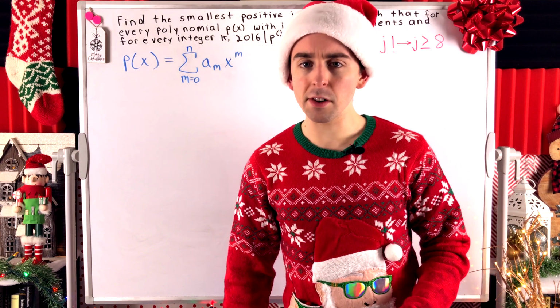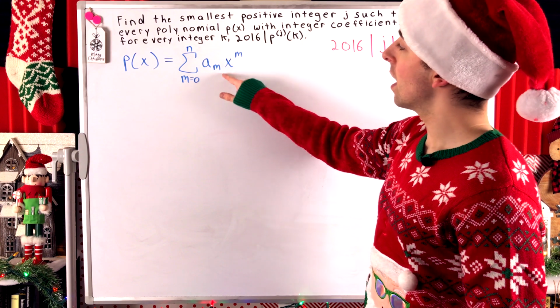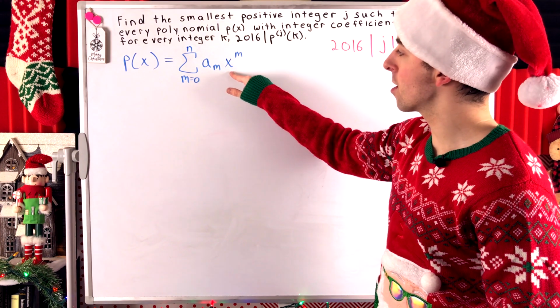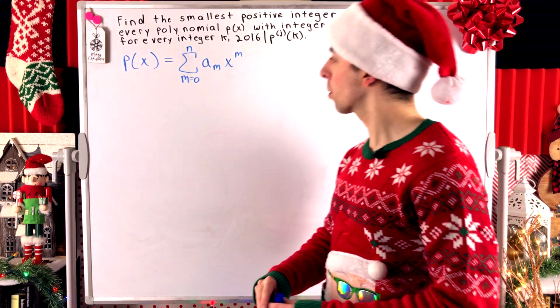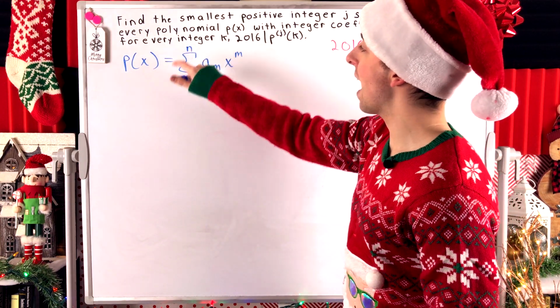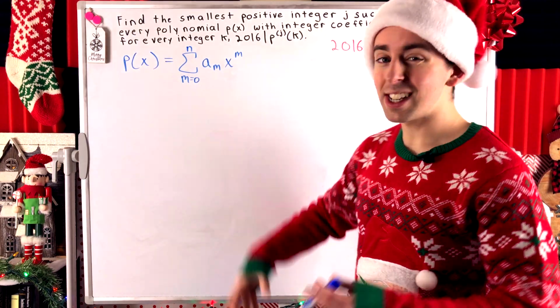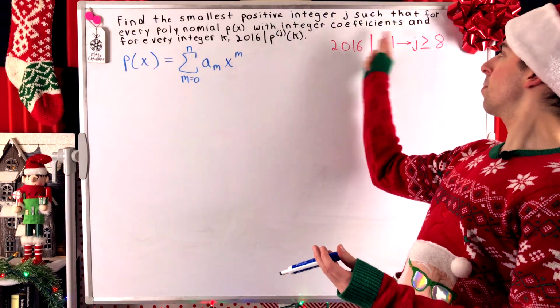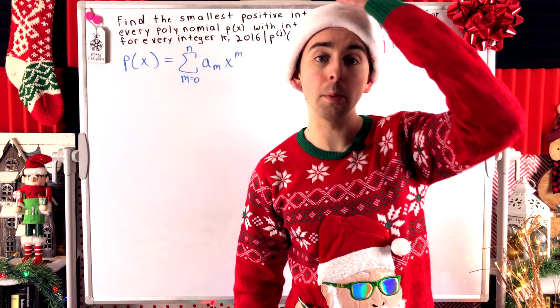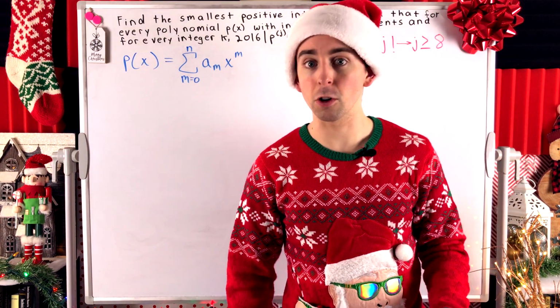Say the mth term of our polynomial has a coefficient we'll call a_m, and then of course it also has a variable part, x to the power of m. Adding those up from m equals 0 to n, the degree of the polynomial. We know that each coefficient a_m is an integer because those are the types of polynomials we're interested in for this problem, polynomials with integer coefficients.